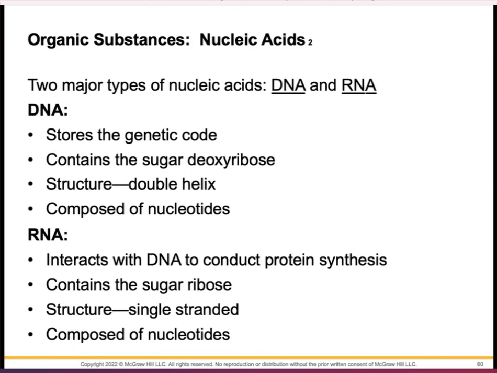DNA contains the sugar deoxyribose, plus one phosphate group and one nitrogen-containing base. Remember, our choices for bases when talking about DNA are adenine, A, cytosine, C, guanine, G, and thymine, T. The structure of DNA is going to twist slightly and form a shape that we know as the double helix. That is the structure of DNA.